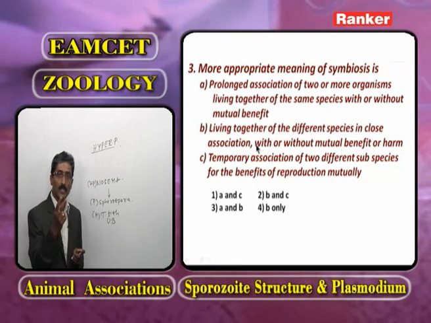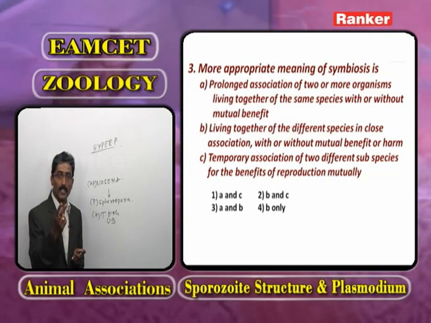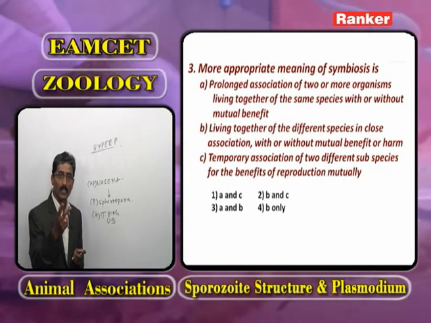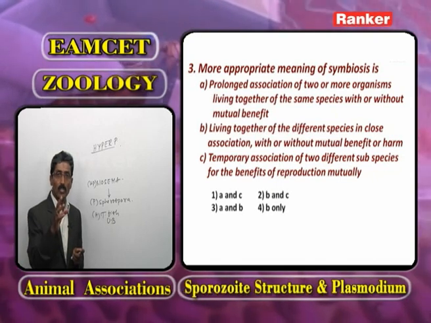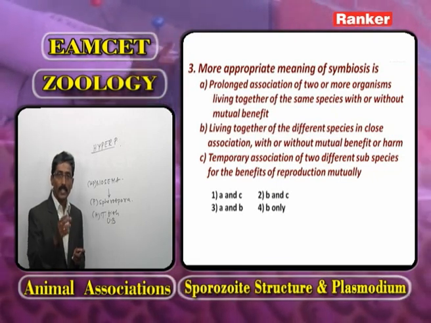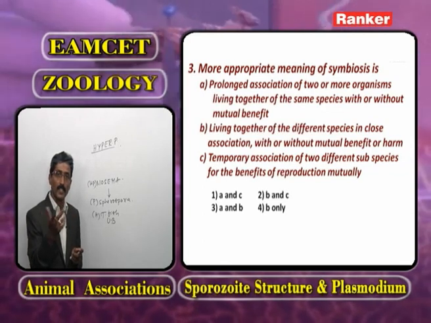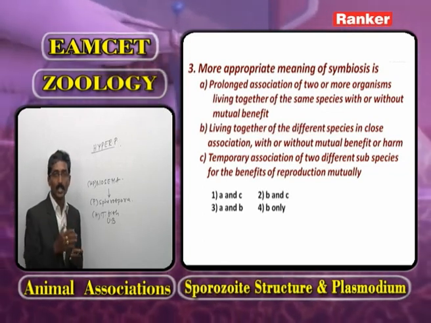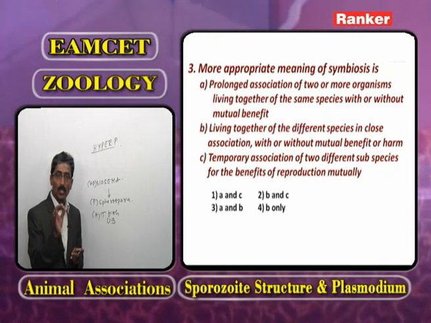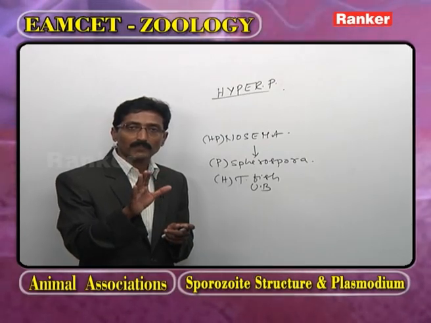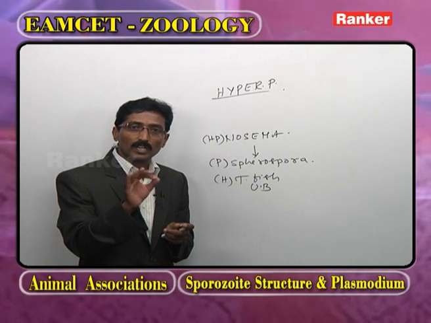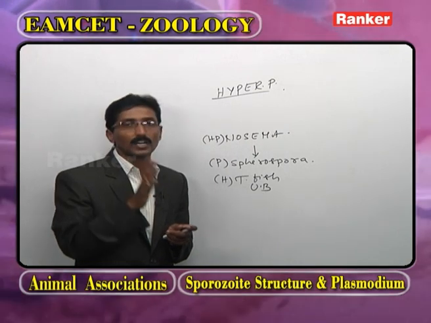Commensalism, two organisms of two different species. Parasitism, two organisms of two different species. In mutualism, both are benefited. In commensalism, one is benefited, the second is neither benefited nor harmed. What about parasitism? No doubt one organism benefits, and the second almost always gets harmed.